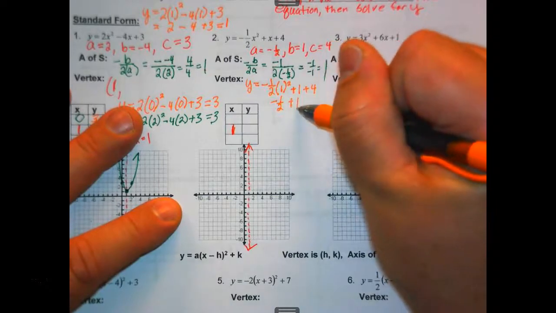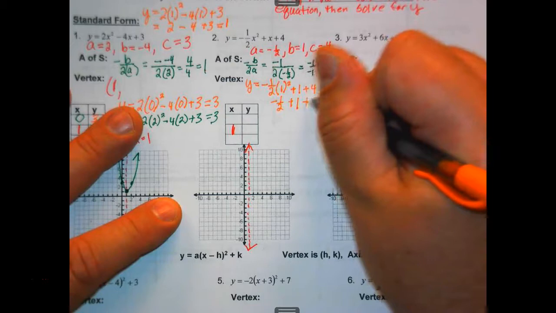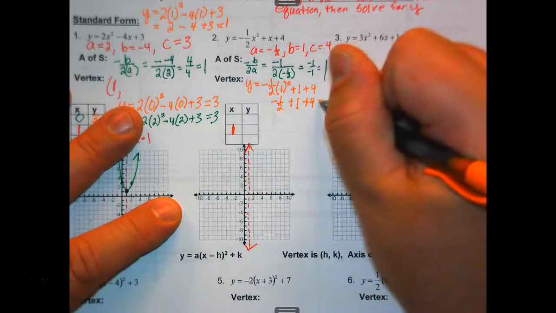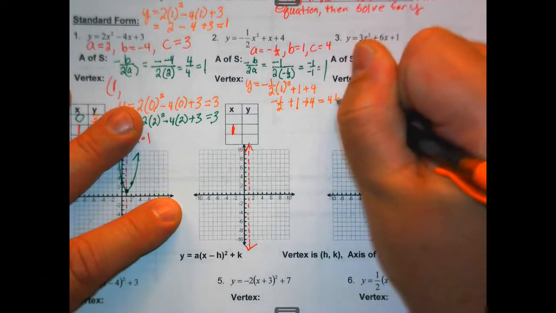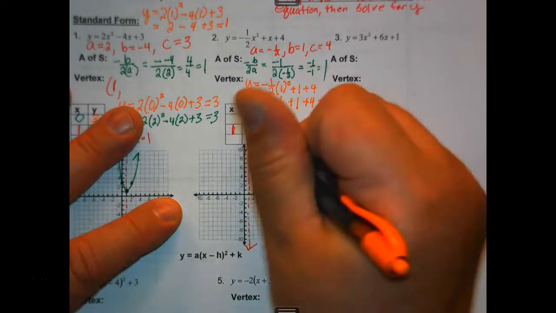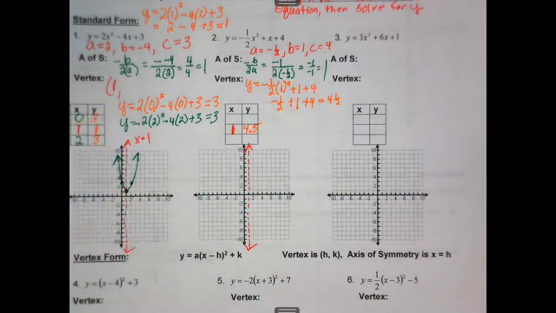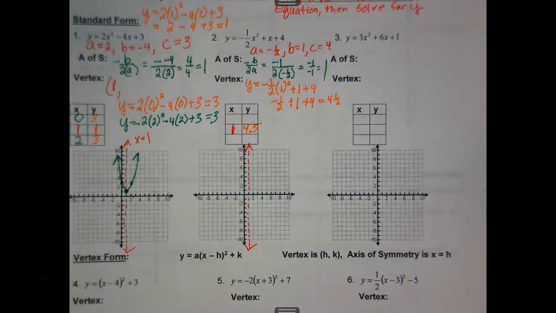Plus 1 is positive 1/2. Plus 4, 4.5, or 9/2. With me? Did I lose anyone?